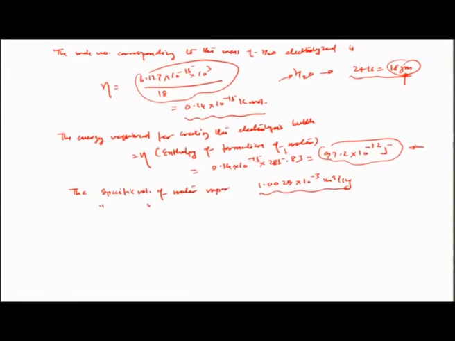The specific volume of water vapor, at 100 degrees Celsius and 1 bar pressure, is reported here as 1.673 meter cube per kg. And these are from the stated question earlier.